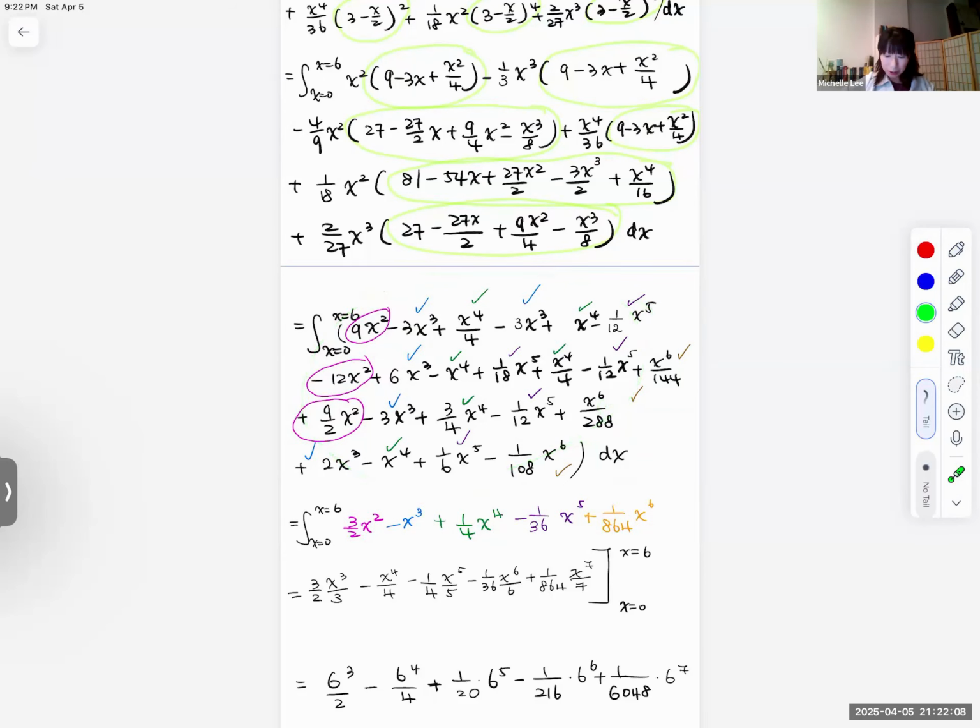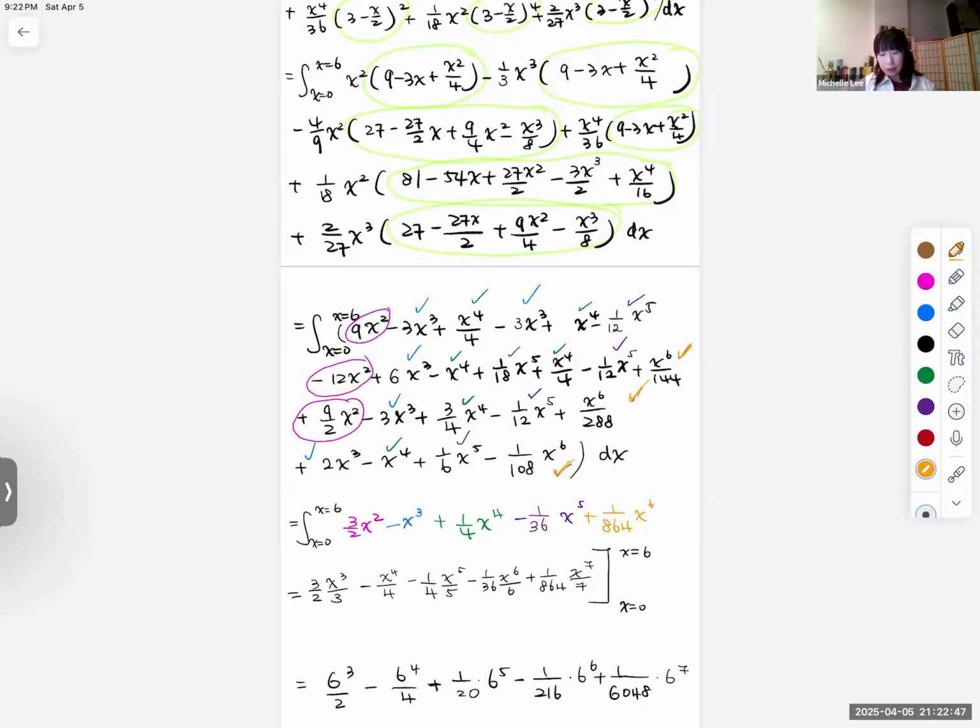So combining like terms, pink with pink here, and then blue mark x to the third here, and then x to the fourth power, green mark here, and x to the fifth is the purple here, and then the x to the sixth term is orange mark. Is this one orange too? Doesn't look like orange. Okay, hold on a second. This is orange. 6.